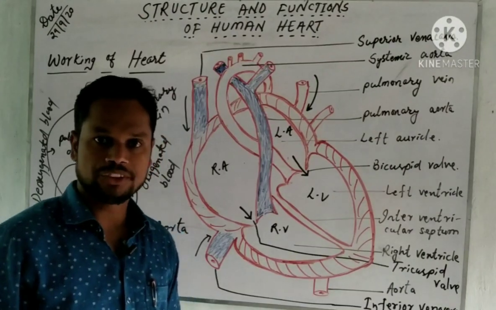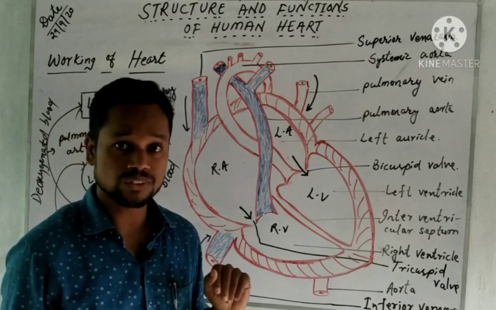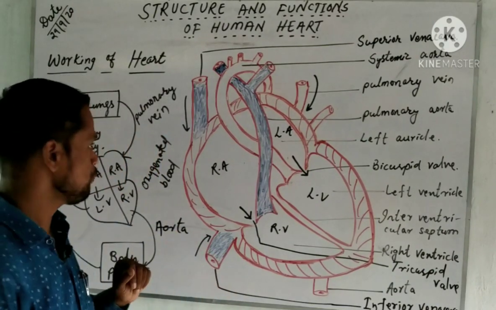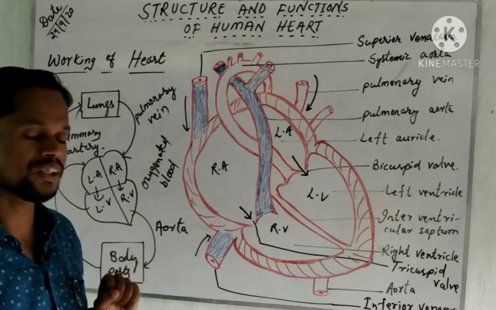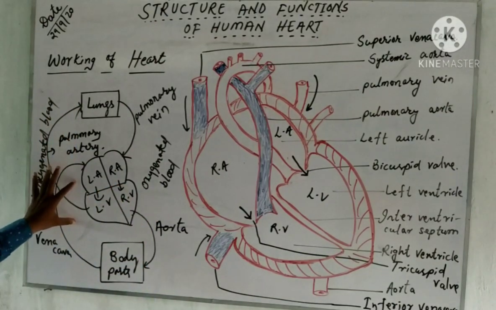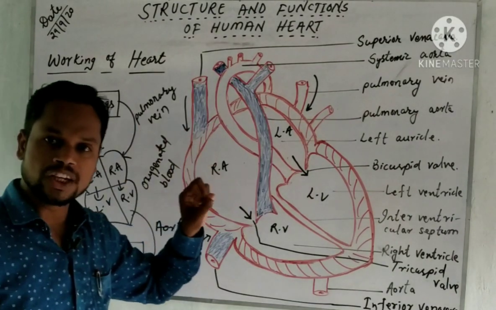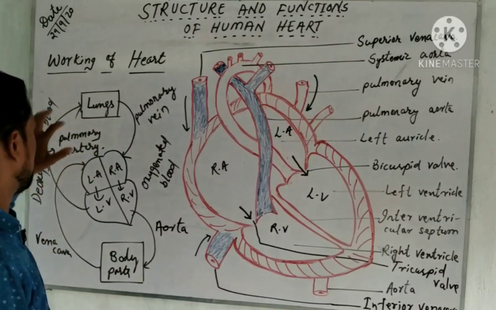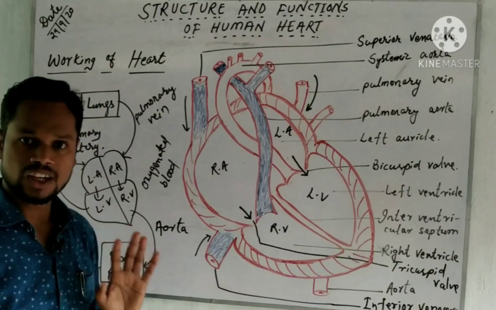Now, coming to the working or function of the heart. See, all of you, I have drawn a graphical representation of the working of the heart. Here in the middle the heart is present, and the pumping of blood occurs among the lungs, body parts and the heart.